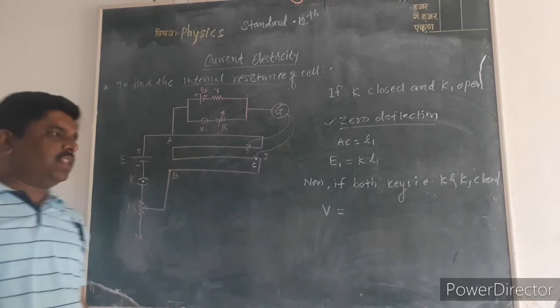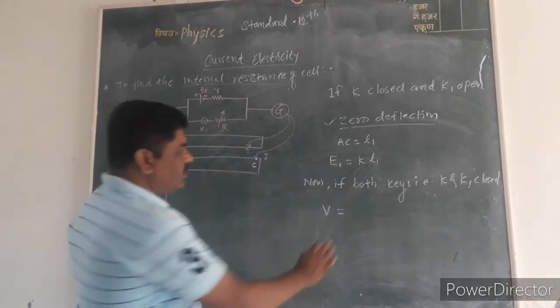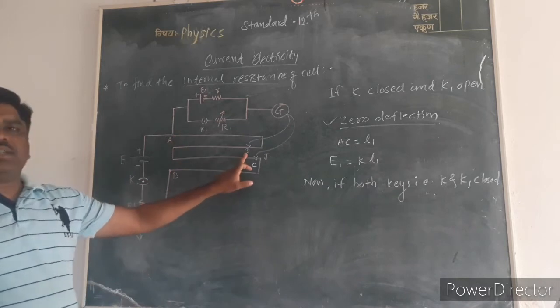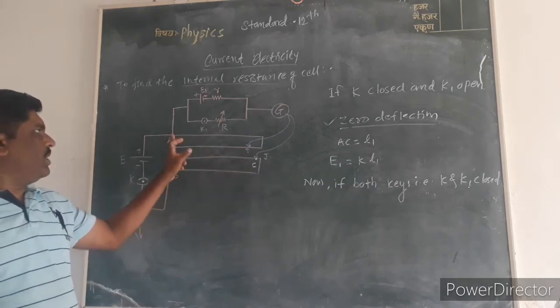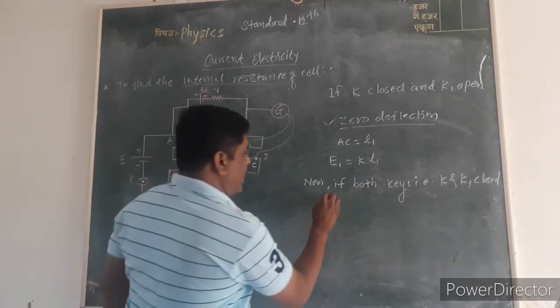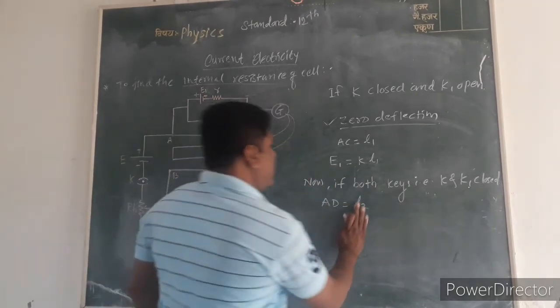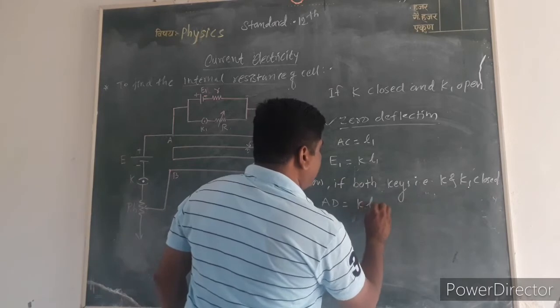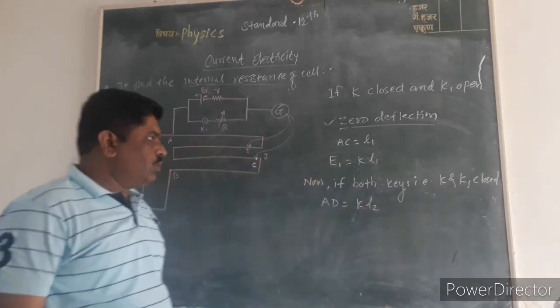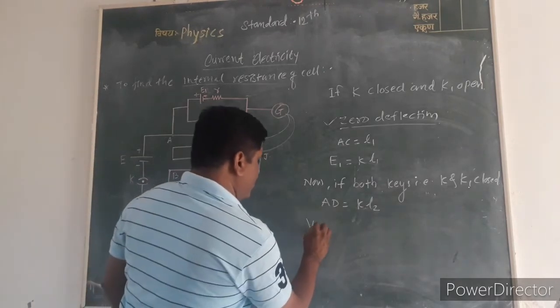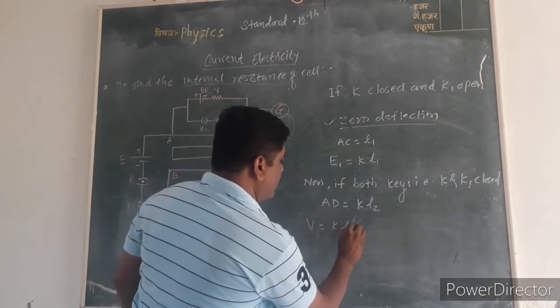Therefore we get another equation. The point is observed at, suppose D, we measure AD, and this AD is equal to K L2, due to total potential phi is equal to K into L2.